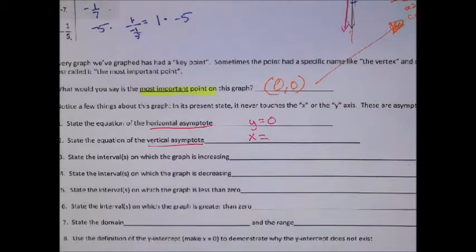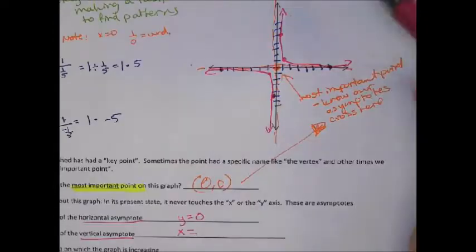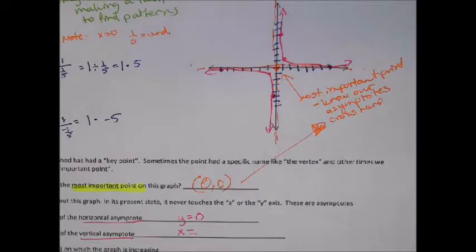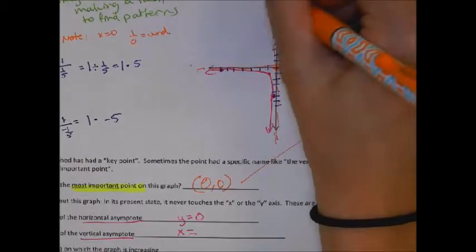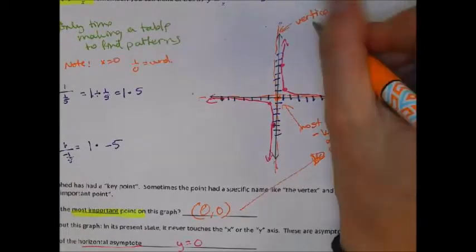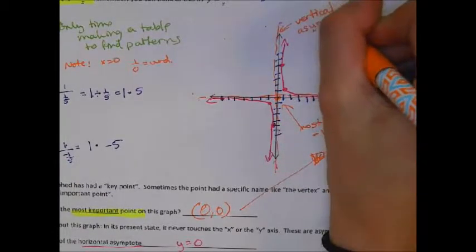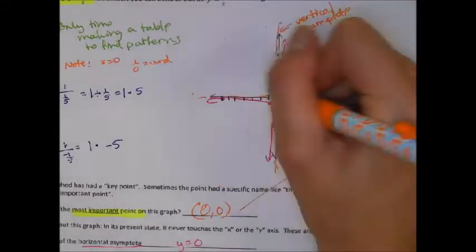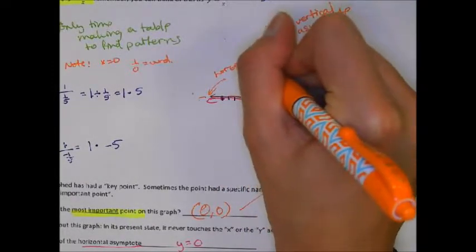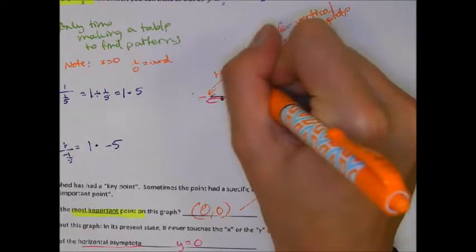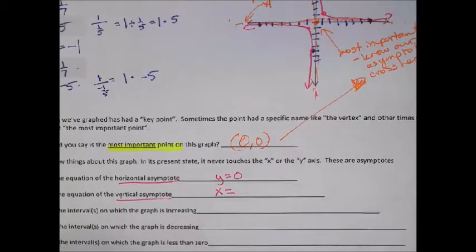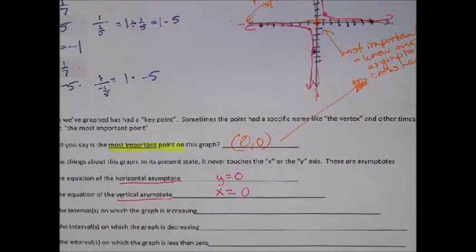Vertical asymptotes are x equals graphs. Here we have our vertical asymptote. Oh, you can't see what I'm writing. There we go. Here we have our horizontal, and that one is y equals 0. This one's x equals 0, so it's x equals going through 0.